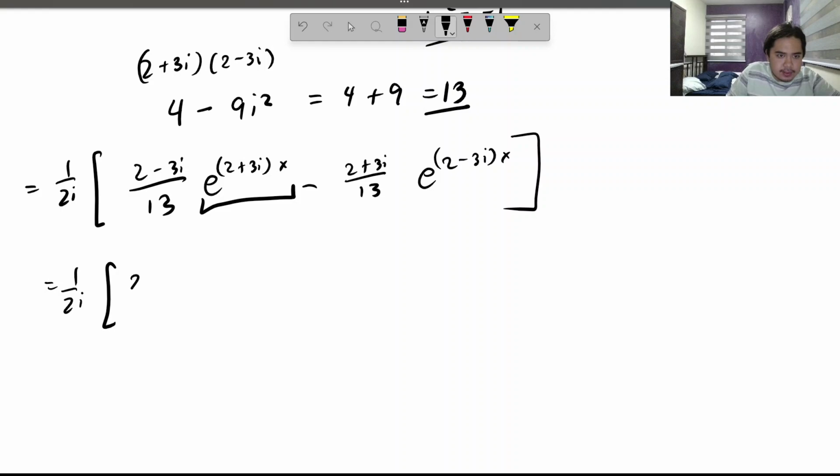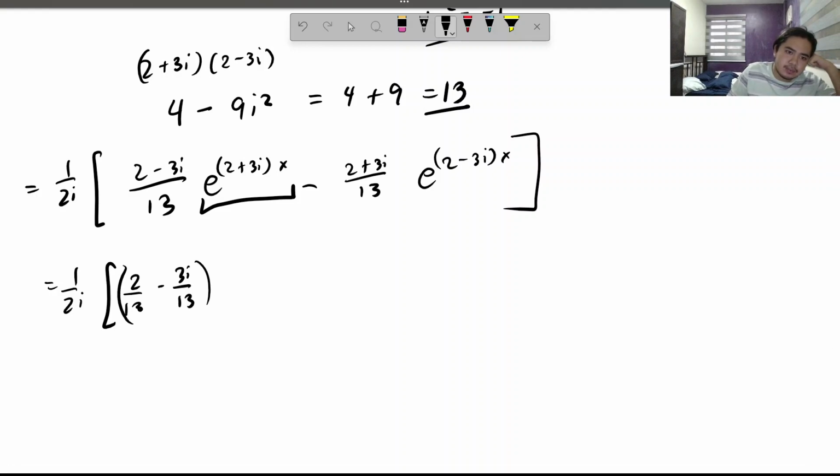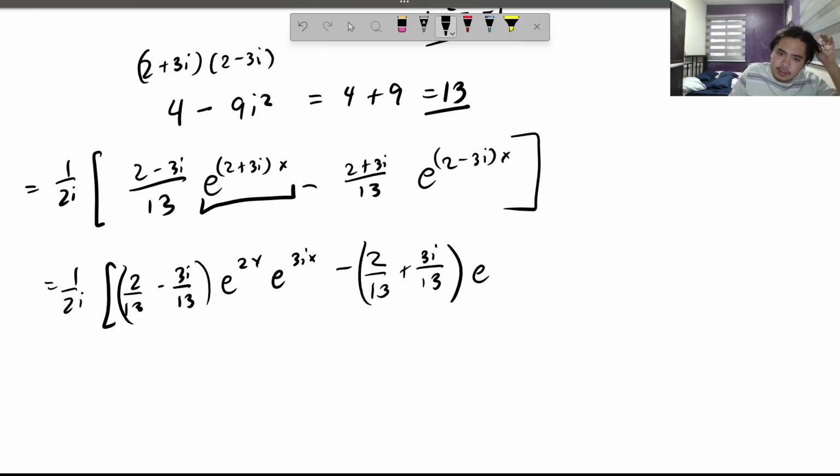So 2 minus 3i, actually I want this to be 2 over 13 minus 3i over 13, and then there we go: 2 e to the 2x e to the 3ix, minus 2 over 13 plus 3i over 13, right, e to the 2x e to the negative 3ix.